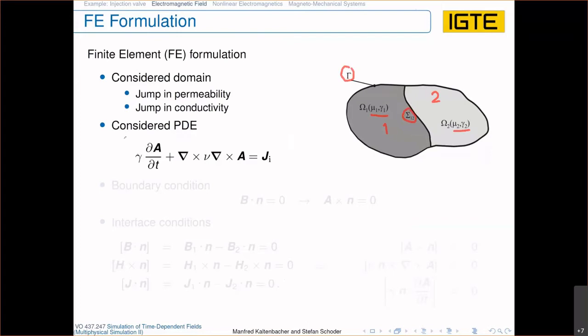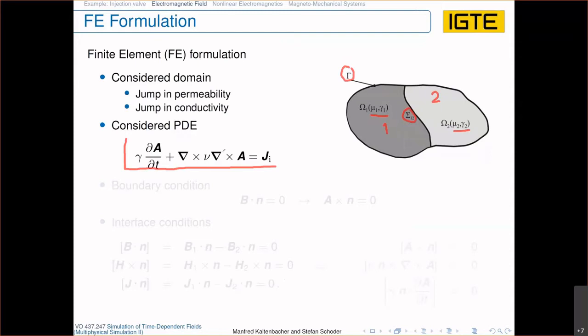And for this I take this partial differential equation. For the time we neglect any current densities due to moving deforming bodies that we will take into account later. So what we have is here the partial time derivative of the magnetic vector potential scaled with the conductivity. We know these model eddy currents induced in electroconductive bodies.